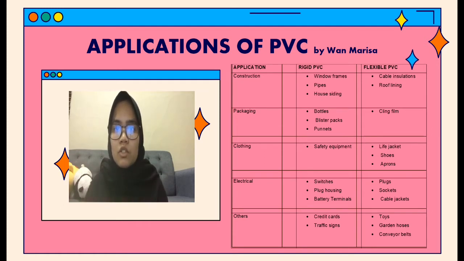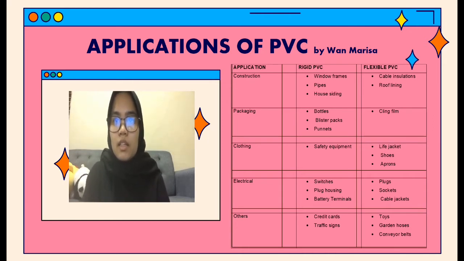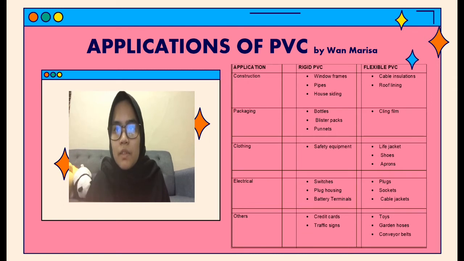as cable insulation. Next, for clothing, rigid PVC is used for safety equipment, and flexible PVC is used in life jackets, aprons, and shoes. For electrical, rigid PVC is used in switches, plug housings, and battery terminals, while flexible PVC is used in plugs, sockets, and cable jackets.